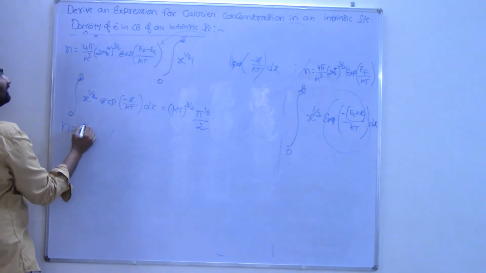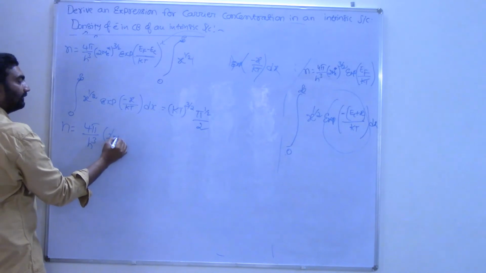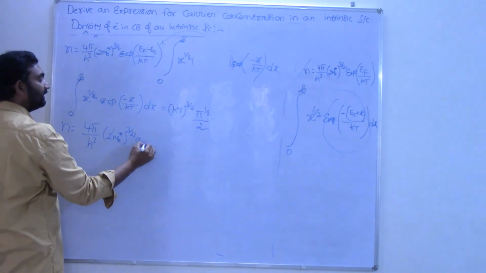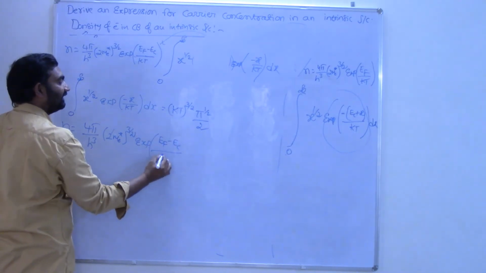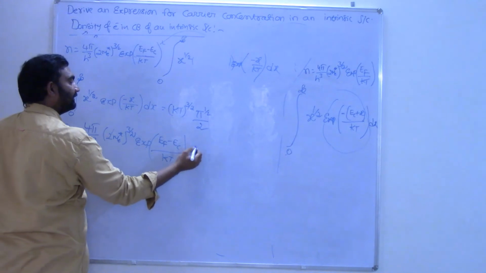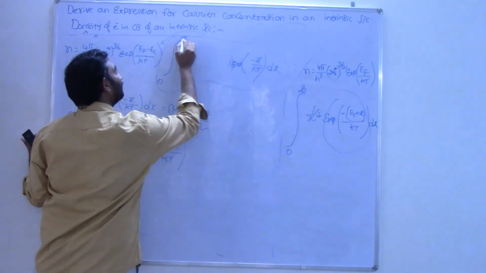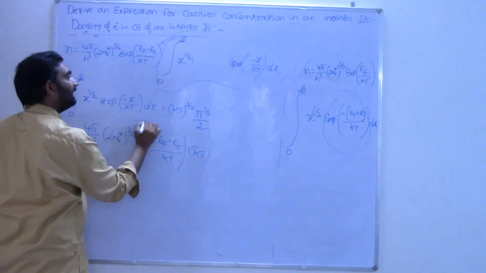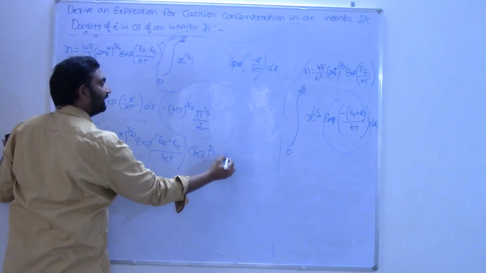The above equation will be turned as 4 pi by h cube into (2me star) whole to the power of 3 by 2 into exponential of EF minus EC by kT into the integration. This entire integration value becomes (kT) whole power 3 by 2 into root pi by 2.